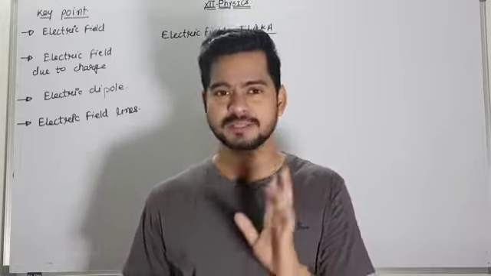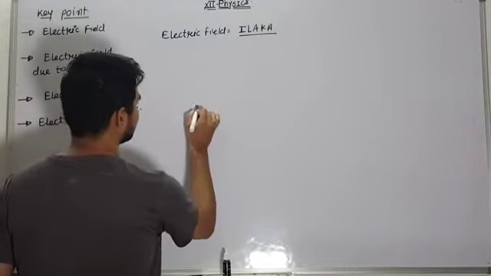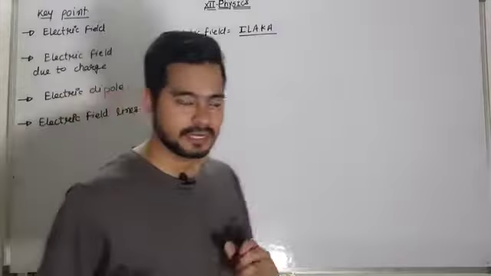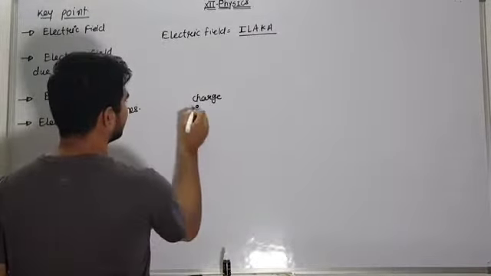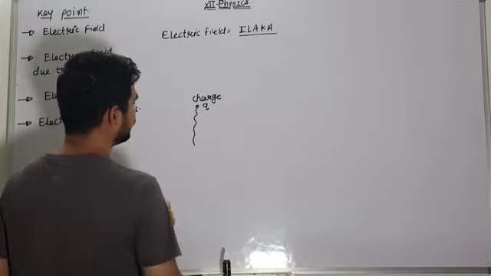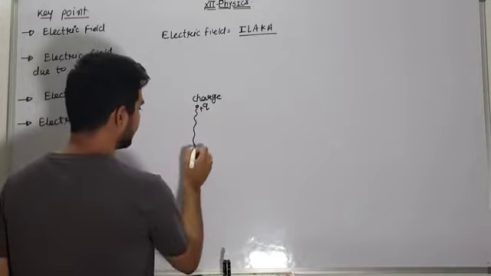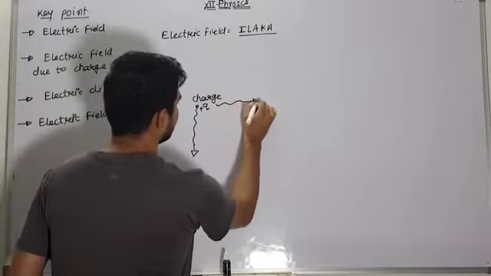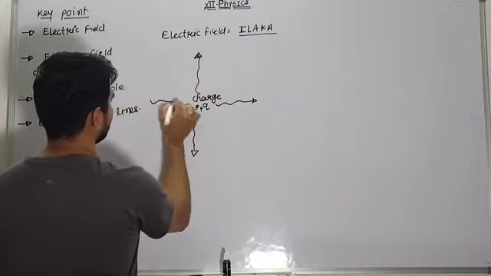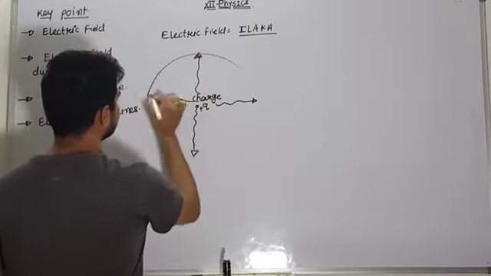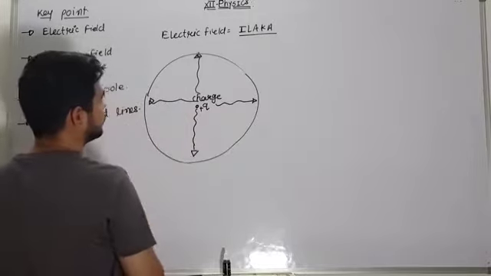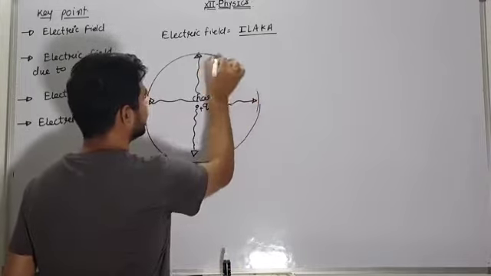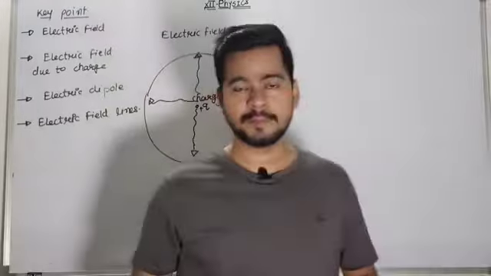In the same way, dear students, suppose this is a type of charge, and let's give the name of that charge small q, and it is a positive charge. So it will create its own ilaka. It will produce such a region around itself in this way. So this is the ilaka of that charge. Now what will happen?